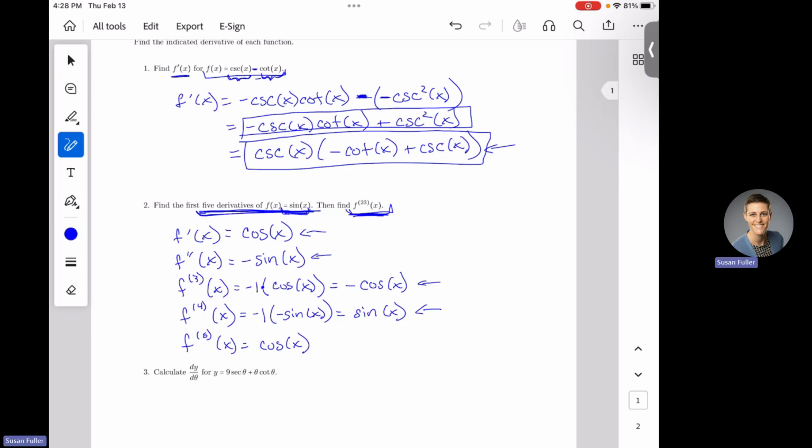At my fourth derivative, I was back at my original function. And then my fifth derivative, well, that was the same as my first derivative, right? My sixth derivative, if I had to find it, well, that would be the same as my second derivative.